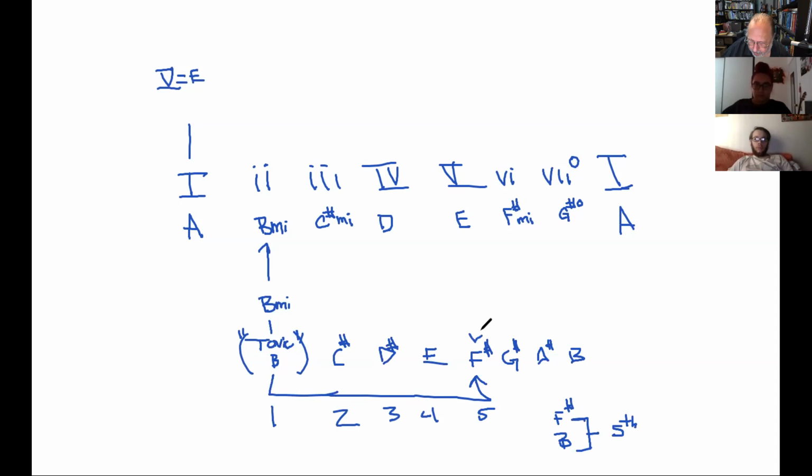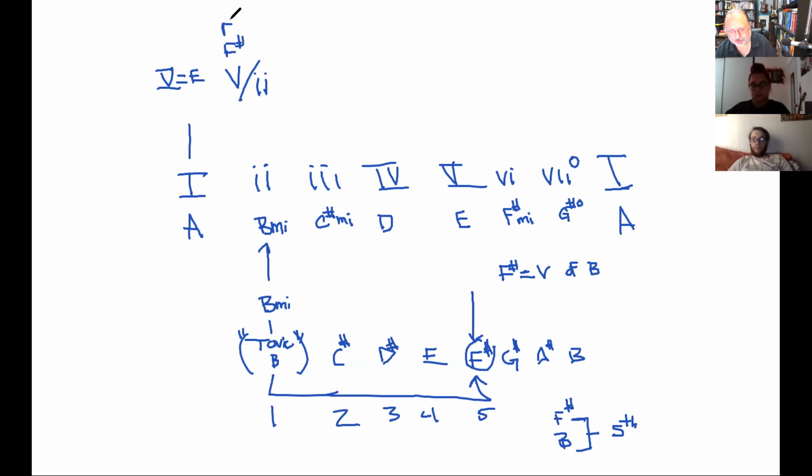So F sharp is going to be our chord. So F sharp is the 5 of B, right? F sharp is the 5 of B. So for B minor, the 5 of 2, you can call that F sharp or F sharp 7, because this 5 chord is always going to be a dominant.